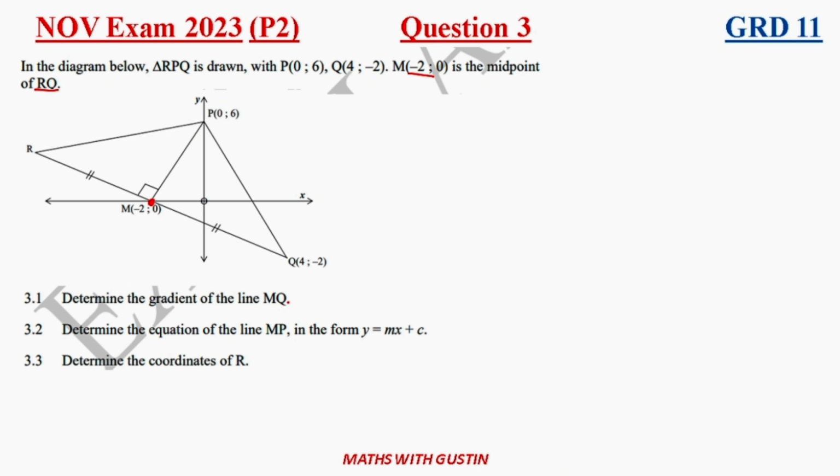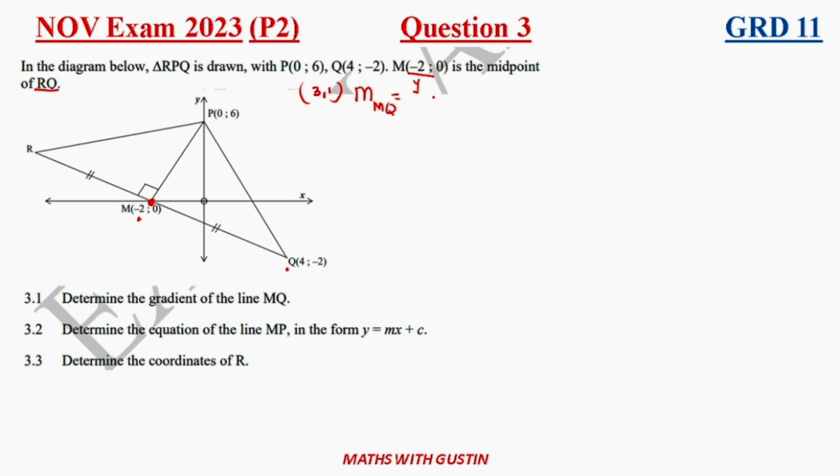They said find the gradient of MQ. I'm going to put 3.1 here. The gradient of MQ is going to be given by y. Where is M? M is here and Q is there.